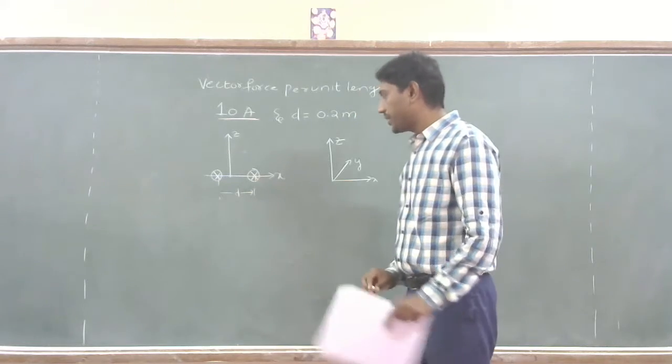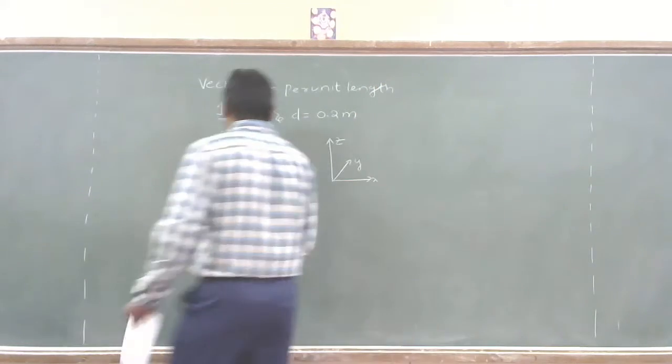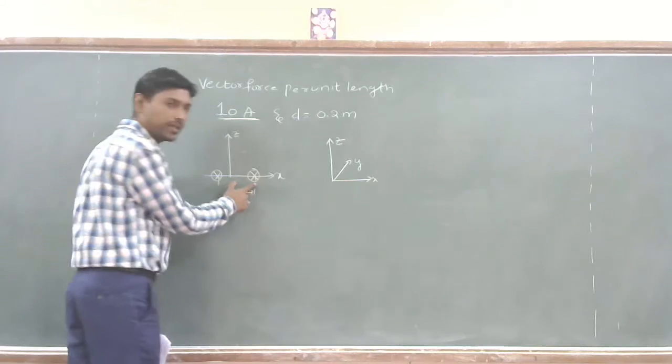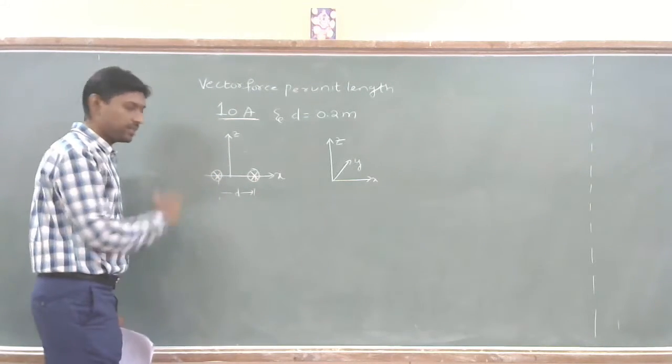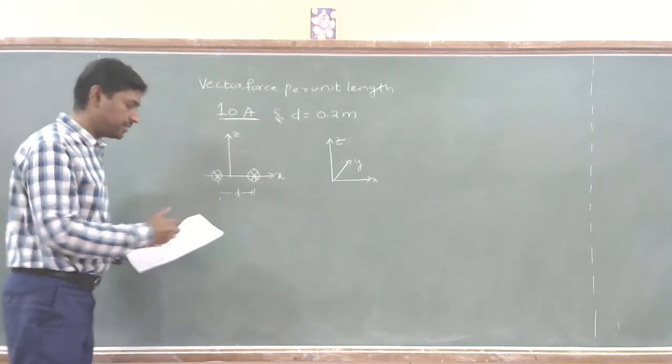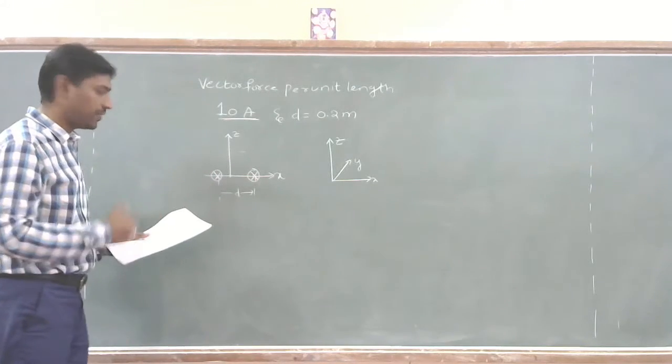So what you can do is find the magnetic field at this point due to this conductor. I'm just explaining the procedure we have followed, and you can find the details in the notes.